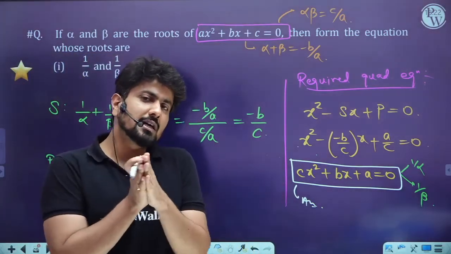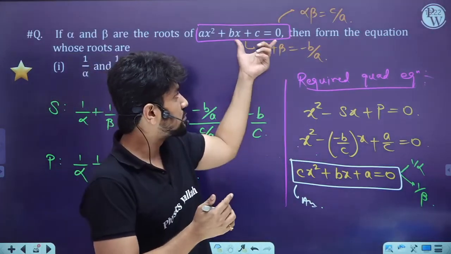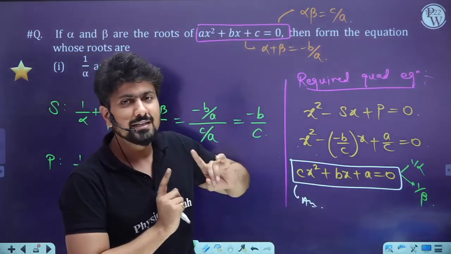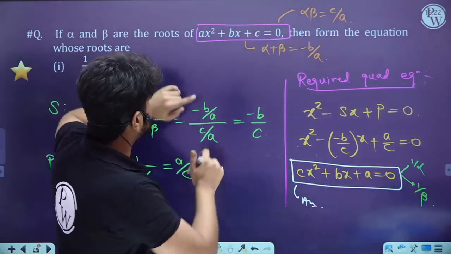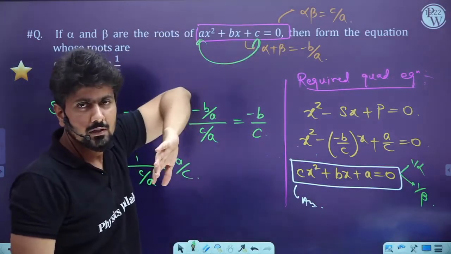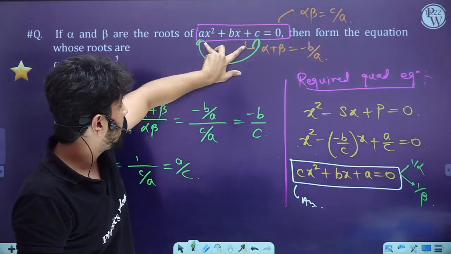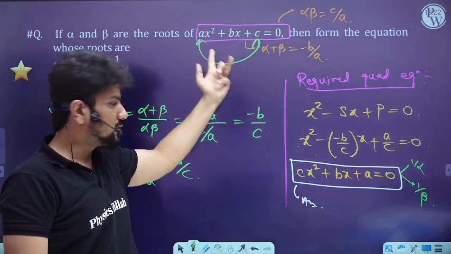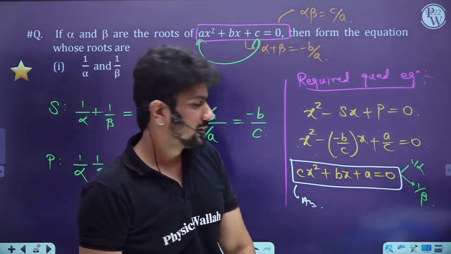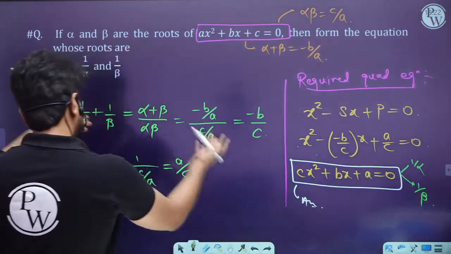If a question comes to you like this, form an equation whose roots are reciprocal of the roots of this equation, you simply need to interchange a and c. That's the trick. Simply interchange the coefficient of x square and the constant term, and we get to our answer. Simply interchange these two.